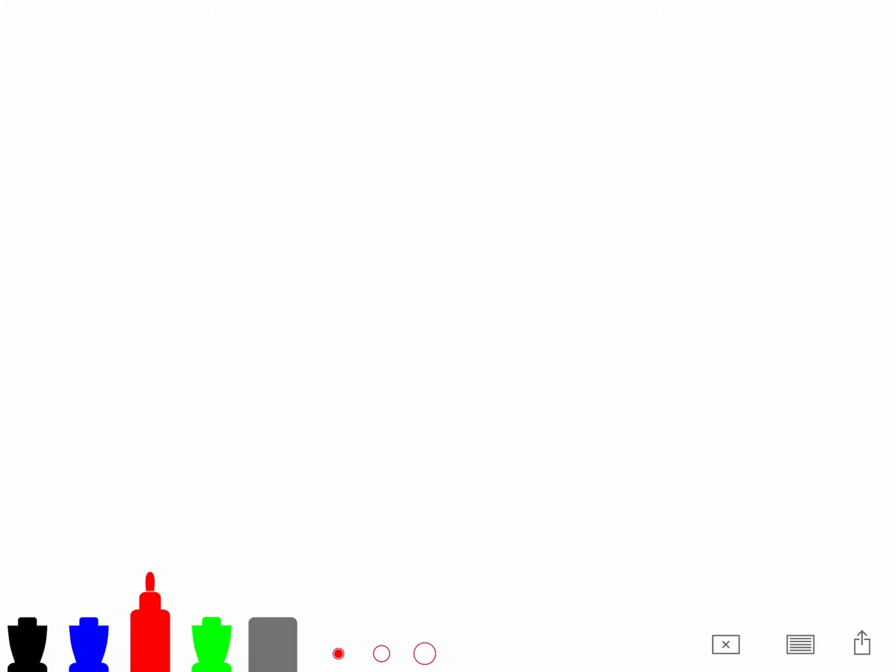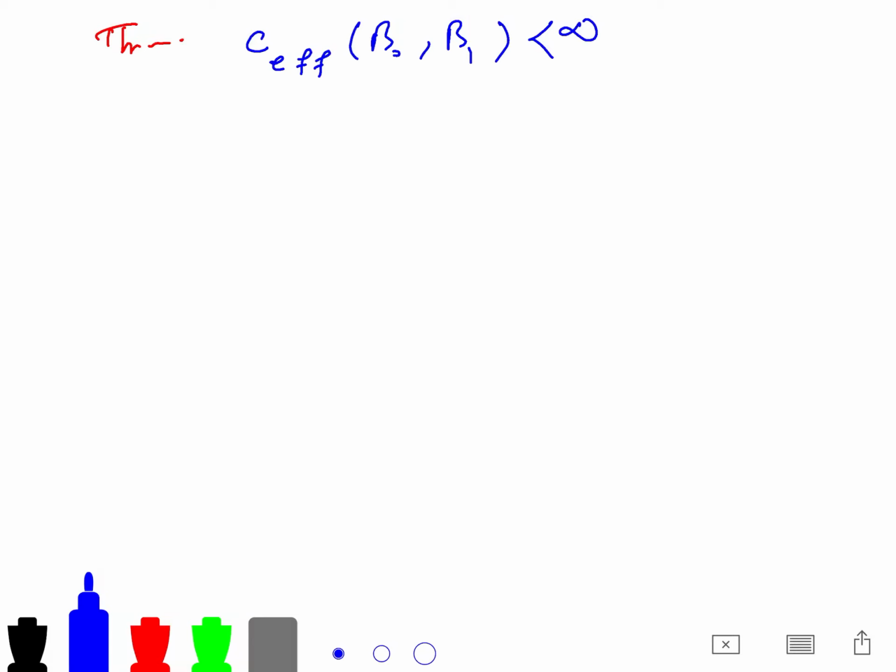Now I want to prove the theorem that says that if the conductance between two sets is finite, then F, the solution of the Dirichlet energy problem, satisfies F of x is 0 on B0 and 1 on B1.